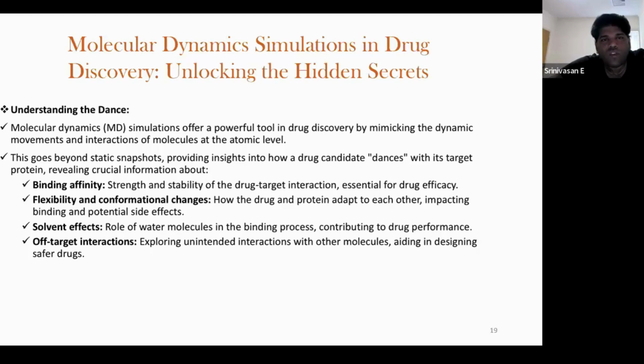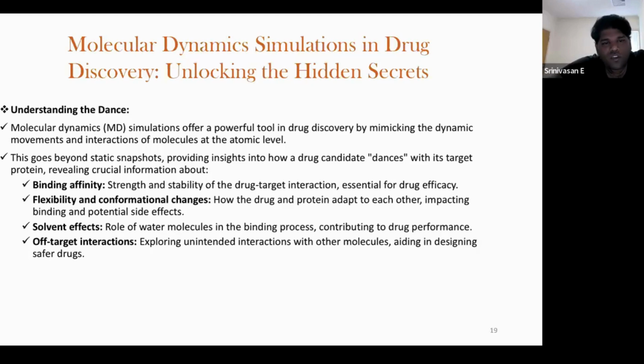DMD works better for aggregating molecules, where we find out how the protein gets into the aggregation zone. So we can use this information, depending on our study, to choose which particular molecular dynamics engine to use for our drug discovery process.